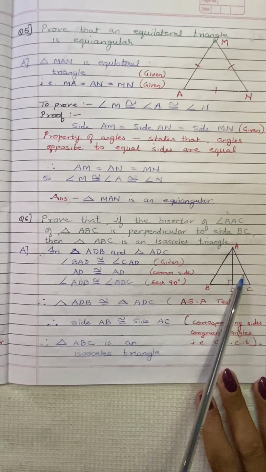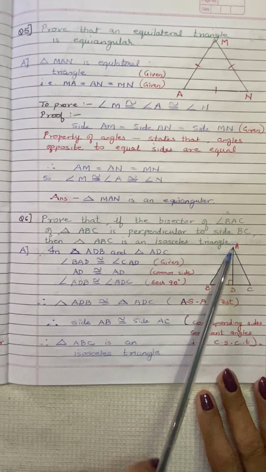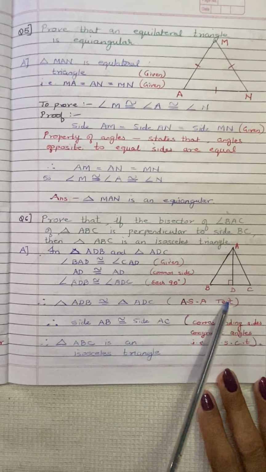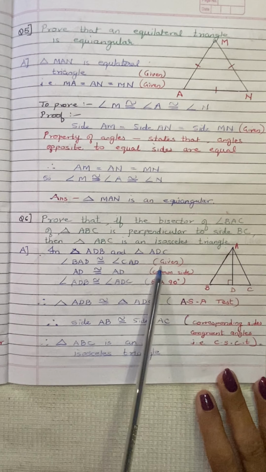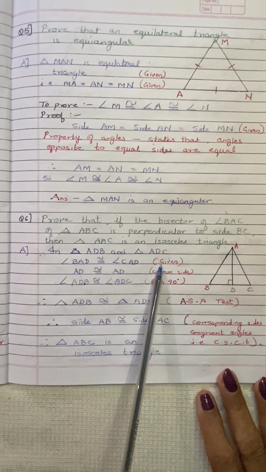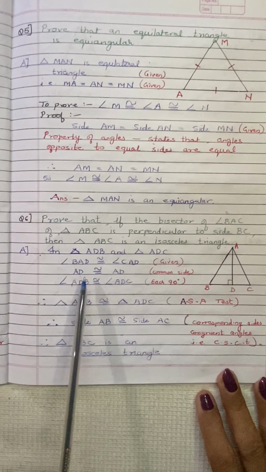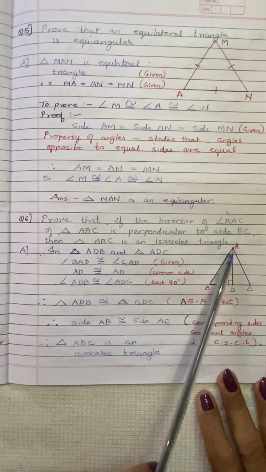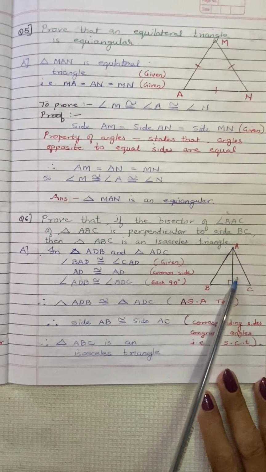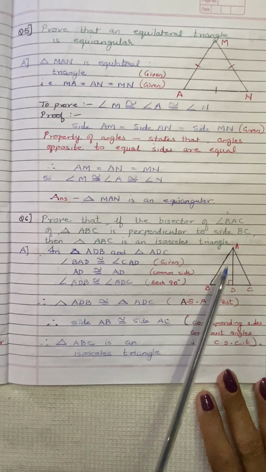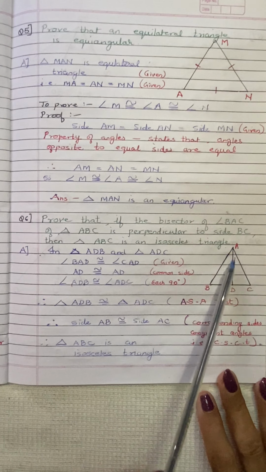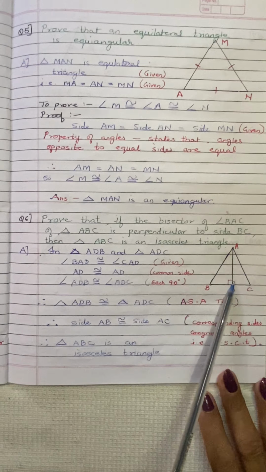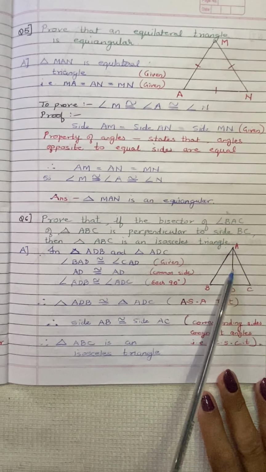So in these two triangles, angle BAD is congruent to angle CAD. This is already given to us. Then AD is congruent to AD because this is the common side of both the triangles. And angle ADB and angle ADC form 90-degree angles because AD is perpendicular to BC.